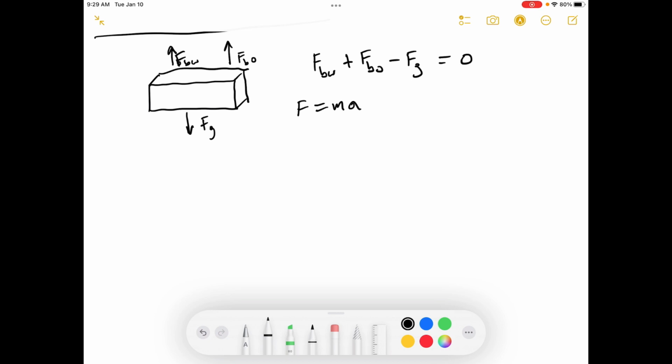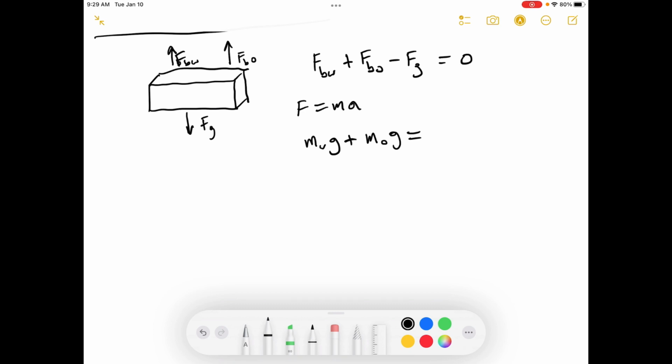So the force of the buoyancy of water is equal to the mass of the displaced water times the acceleration due to gravity. And the buoyancy force of the oil is equal to the mass of the displaced oil times the acceleration due to gravity. And we'll go ahead and move the weight of the block onto the other side.